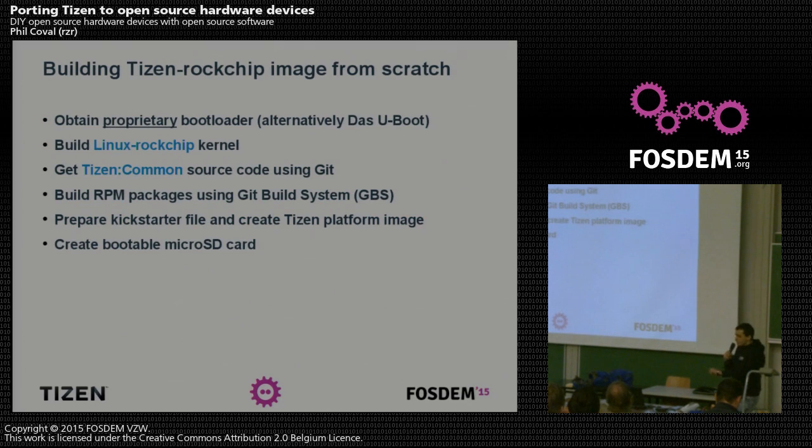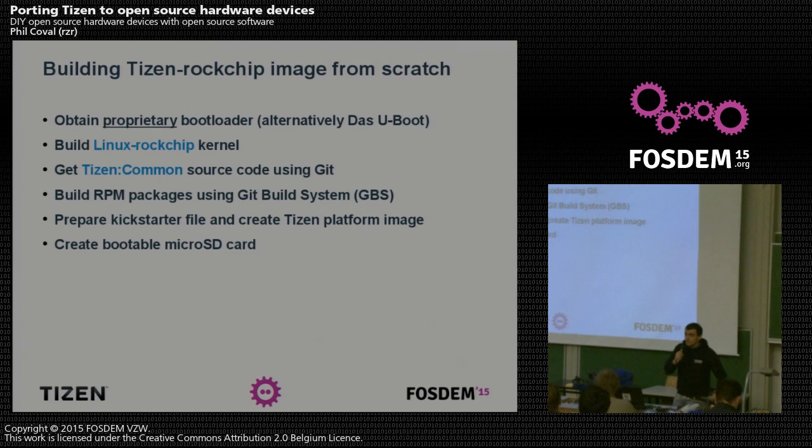I will not go into the details about the process for building a Tizen Rockchip image because it's pretty much the same procedure as for Allwinner devices. The difference here is that there is a U-boot, but it's recommended, or at least that's what I've understood, to use a proprietary bootloader.